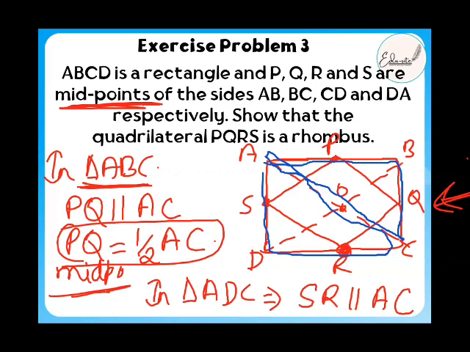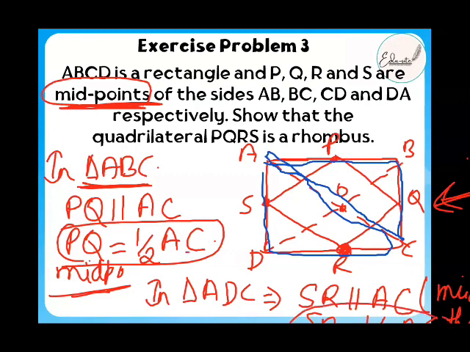If SR is parallel to AC, then SR is equal to half of AC. Why is it so? Because we apply the midpoint theorem in all of these cases. Why do we apply the midpoint theorem? Because in the question, if they have given the midpoint, you have to apply the midpoint theorem to solve these problems. The first thing, PQ is equal to half AC, is done.